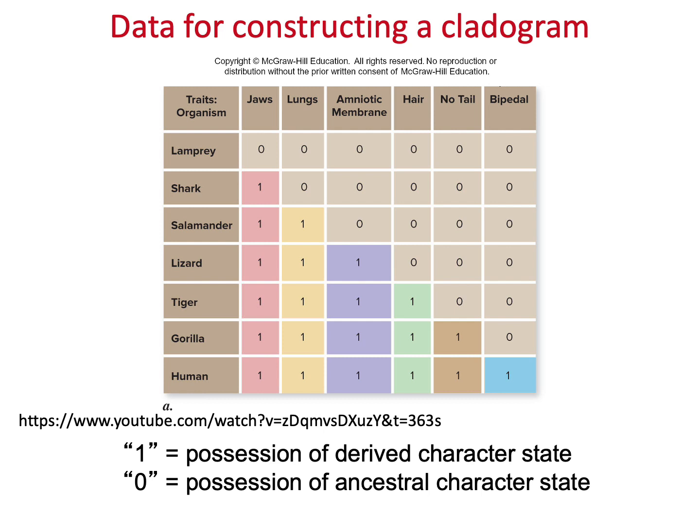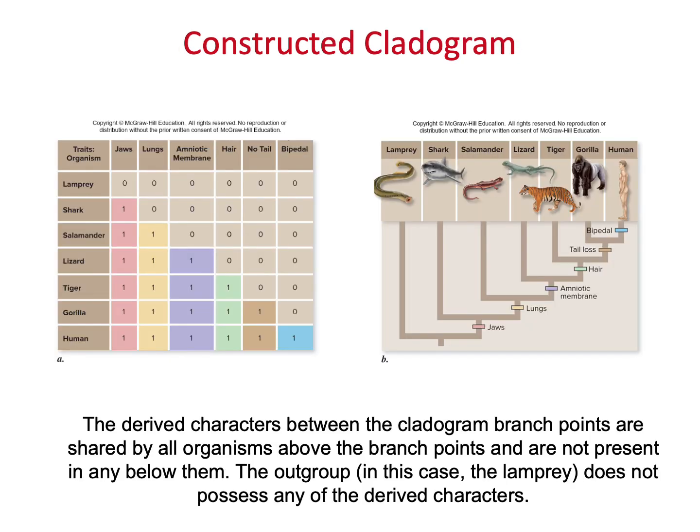For example, for teeth, you must see if the teeth are present or absent in the most recent common ancestor of this group. After you do that, you give a numbering system such as the one shown in this figure, and you do this for all the species in your analysis.